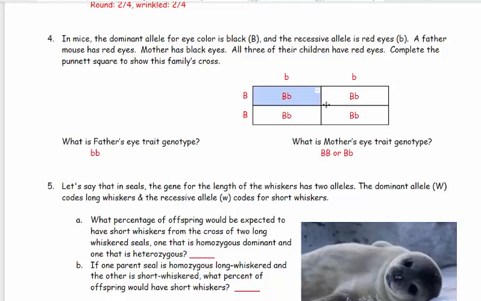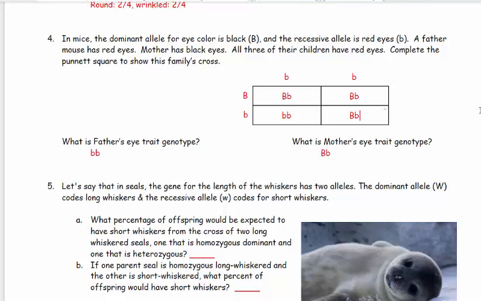And you'll see here that all 4 children in this particular case have black eyes, because the heterozygous always follows the dominant allele, which is black. So this is not possible. Okay, so we must have gotten something wrong, and what we got wrong was the mother's eye trait. Big B big B is not possible, or you can't possibly produce recessive children.